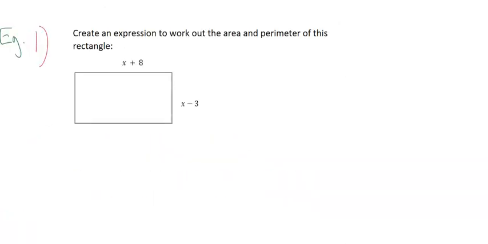Create an expression to work out the area and perimeter of this rectangle. Okay, let's start with the area first. So we need to think about area very carefully. Area of a regular rectangle is length times width, base times height. Doesn't matter which letters you use, it's just important that you understand length times width, okay?